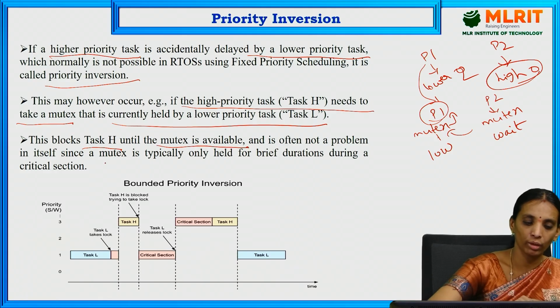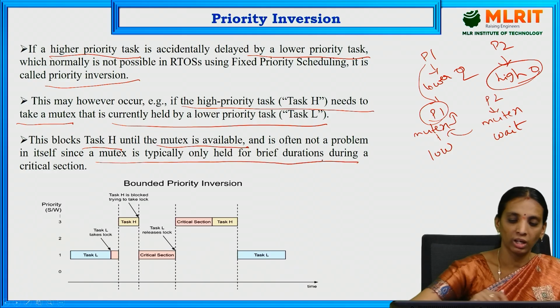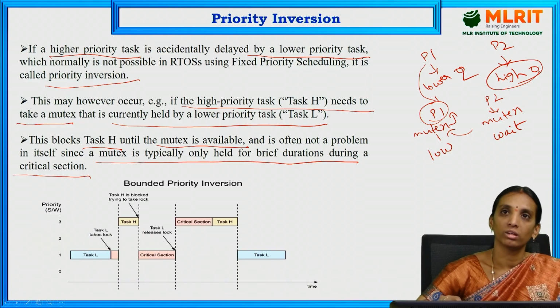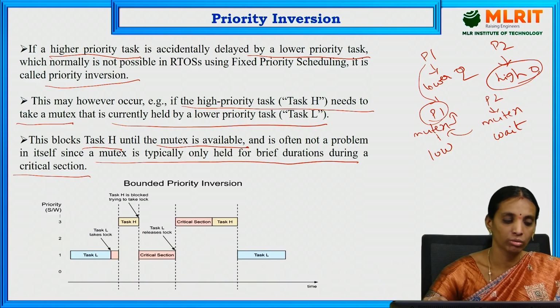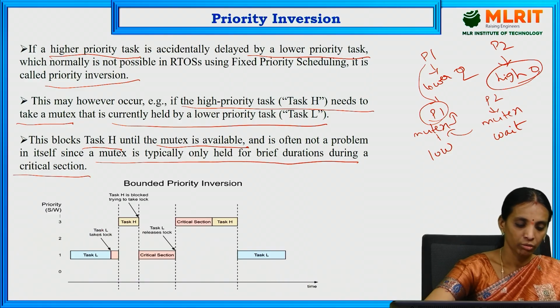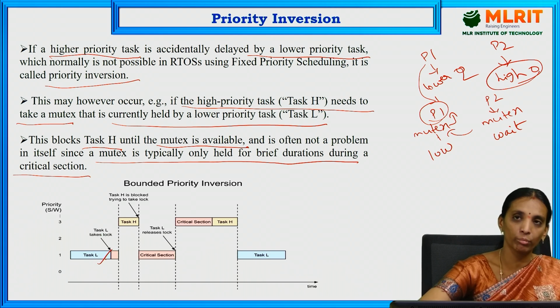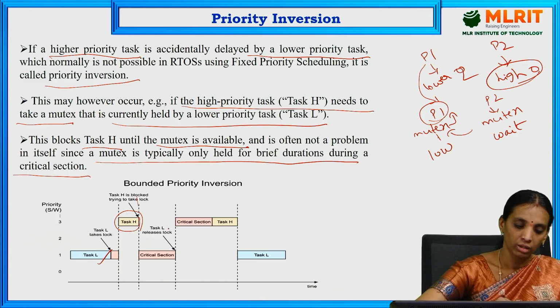Therefore a mutex is typically held for a specified duration during the critical section only. First task L takes the lock of the mutex and is executed. Whenever task H enters the OS, it tries to take the lock, but the lock is already acquired by task L, so it will not be released.